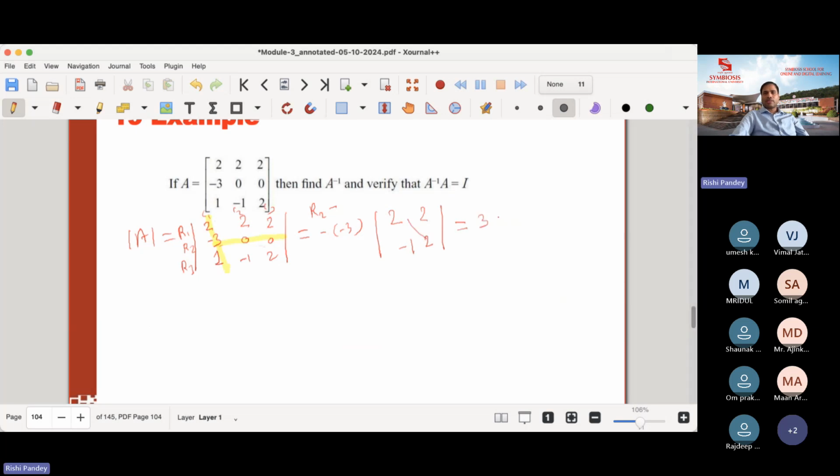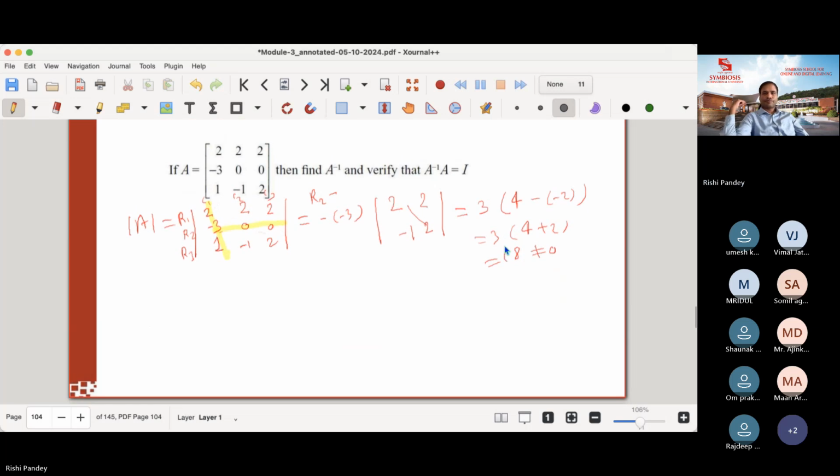So cross multiply here. 2 2s are 4. 2 1 is 2 and 1 minus. So this becomes what? 18. 18 is not 0. Clear? Any doubt? Can you repeat, sir?